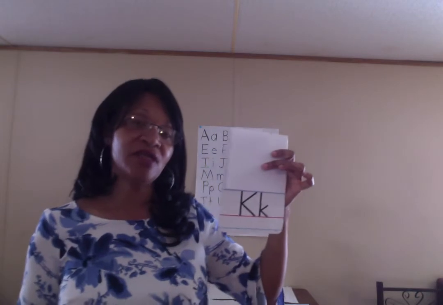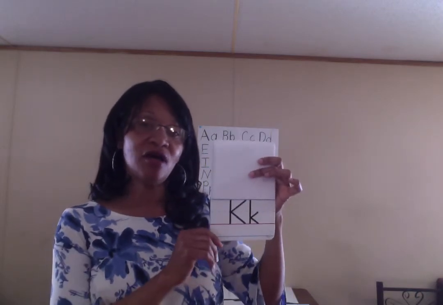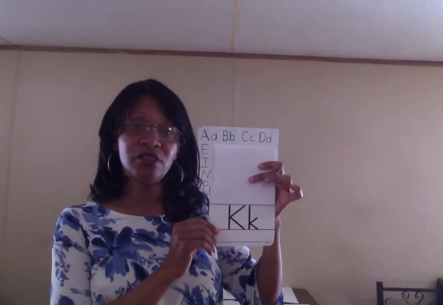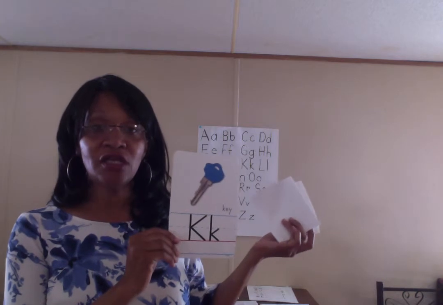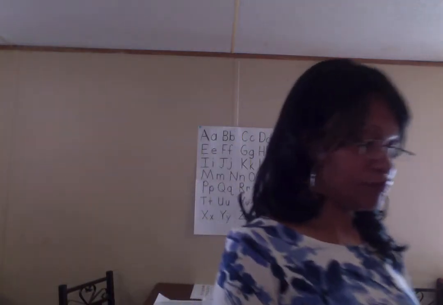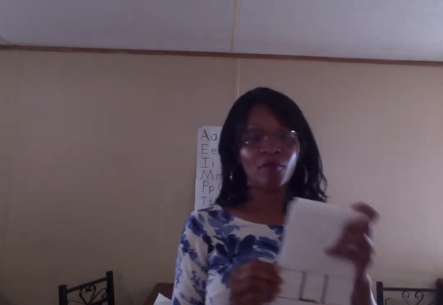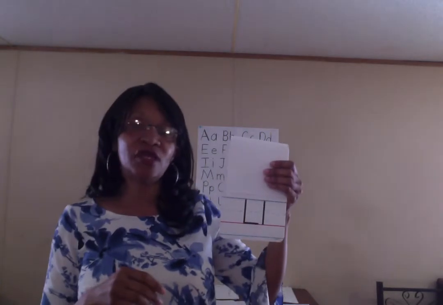This alphabet is K. The sound that K makes is K. And a word that it starts with is kite. And here's a picture of a key. And this alphabet is L. The sound that L makes is L. And a word that starts with L would be lamp.